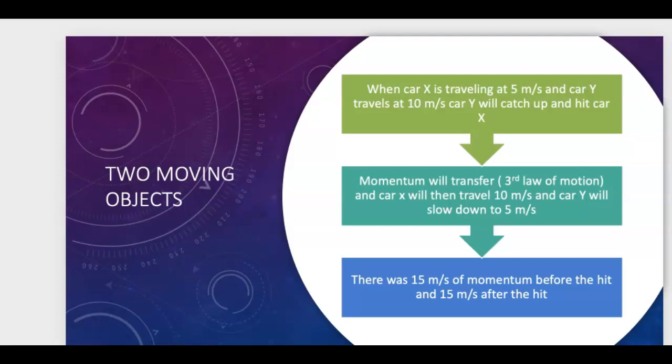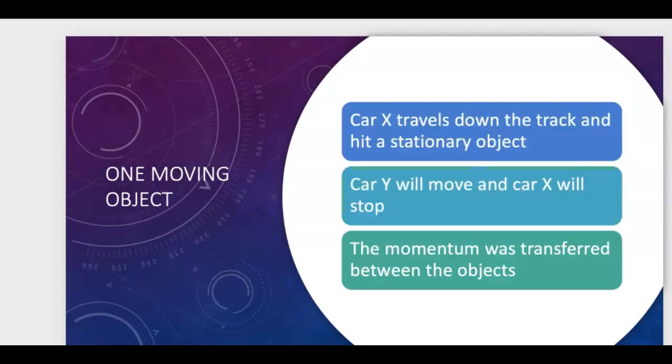Car X now speeds up to 10 meters per second with its additional momentum, but car Y will slow down to 5 meters per second. There was a total amount of momentum of 15 meters per second before the hit. There's still 15 meters per second of momentum after the hit. So there's a transfer there.